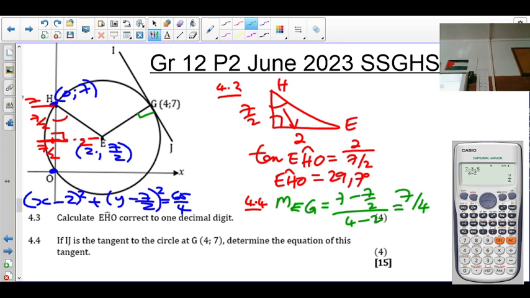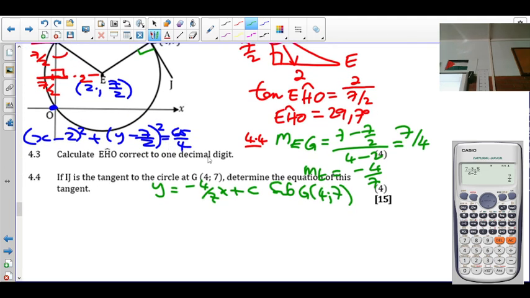The gradient of the tangent is going to be the negative inverse of this. So 7 over 4 multiplied by the gradient of the tangent is negative 1. The gradient of the tangent is negative 4 over 7. So my equation now reads y is equal to negative 4 over 7x plus c. Now I substitute G, which is (4; 7), remembering this is an x and a y here.